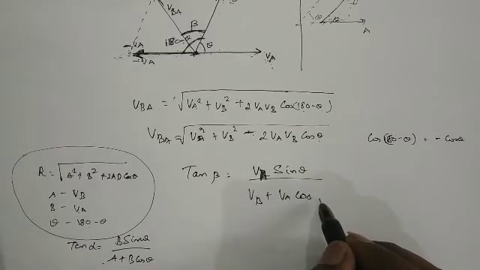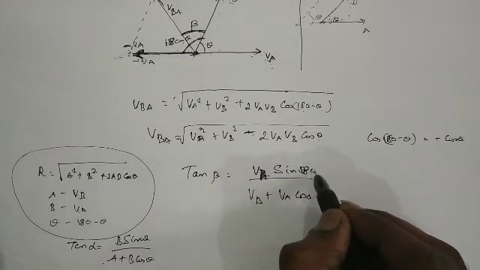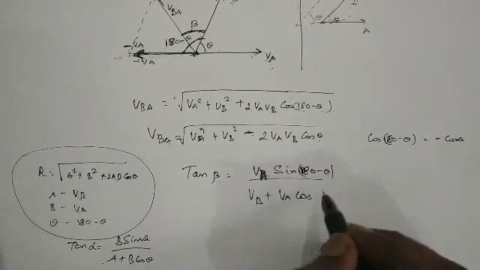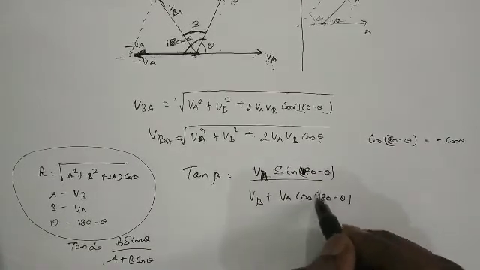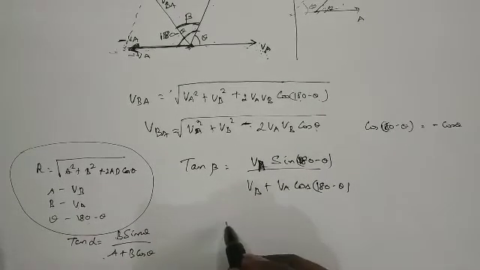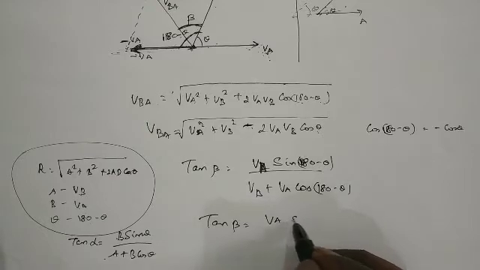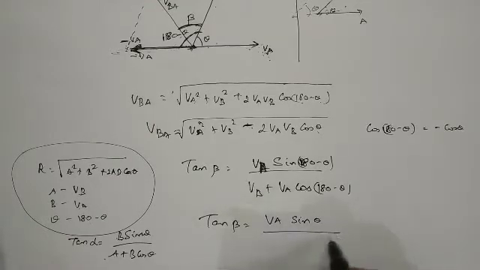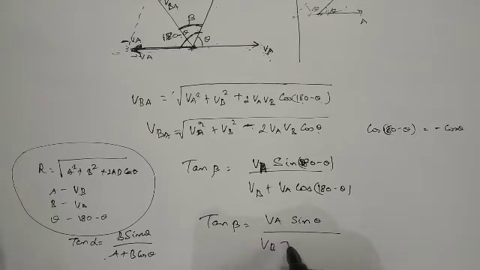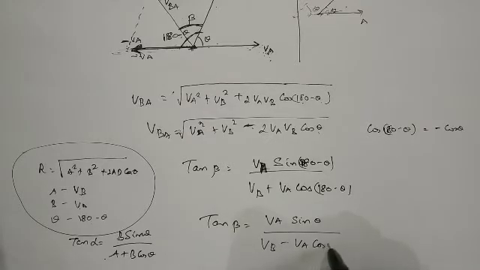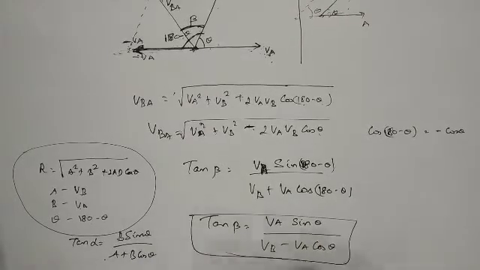Now this theta is going to be here, this is going to be cos(180 minus theta) and sin(180 minus theta). Putting it further, tan beta is going to be equal to VA sin theta upon VB minus VA cos theta. You will get this as an answer.